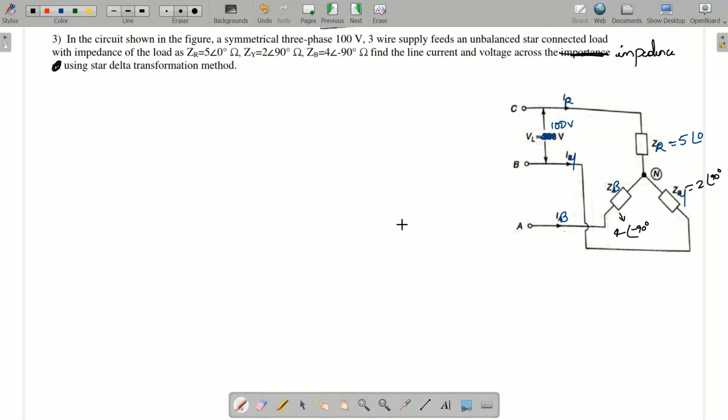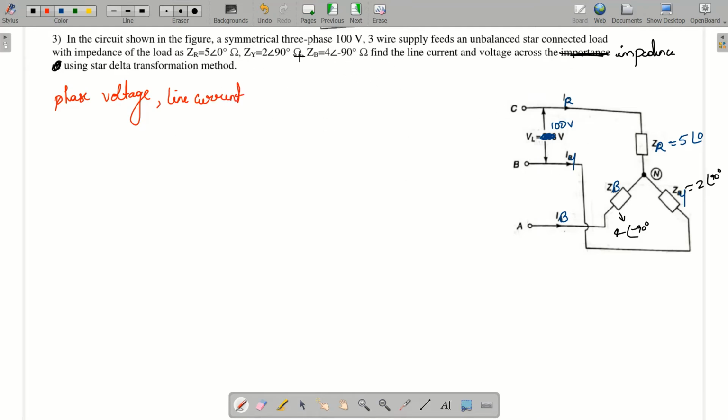See, we need to find out the voltage across the impedance. What they were asking? They were asking to find out the phase voltage, and next line currents or phase currents, anything is same. And here neutral is not available.